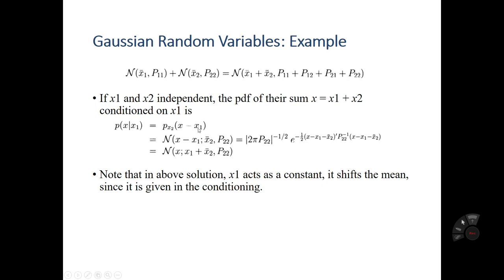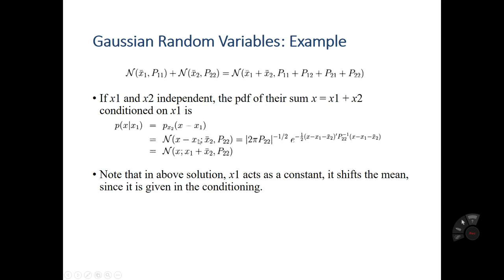So if we are finding x2 and we know x1, then we do it like this. And if we are finding x1 and x2 is known to us, then we write here x conditioned on x2, and p of x1 at x minus x2.